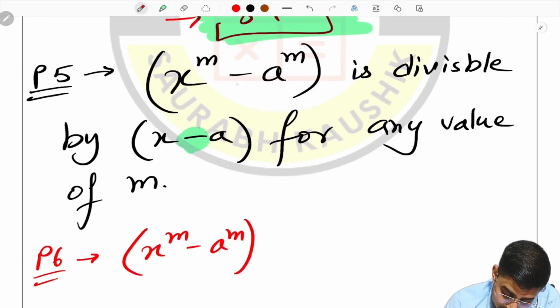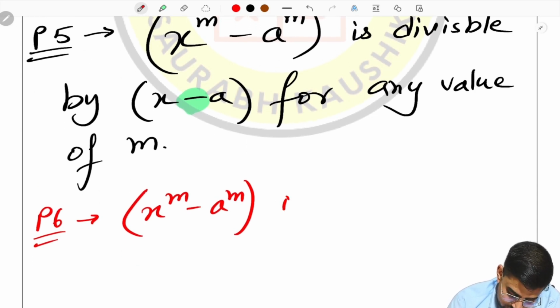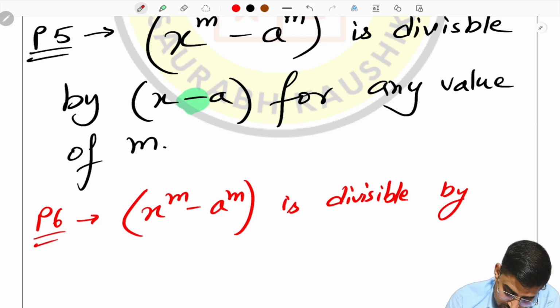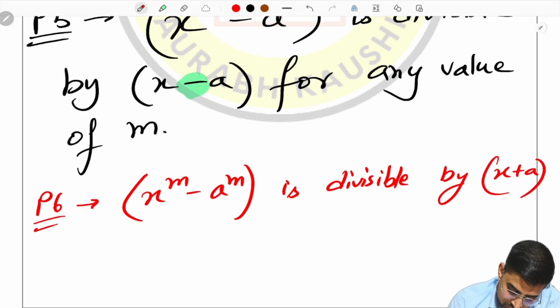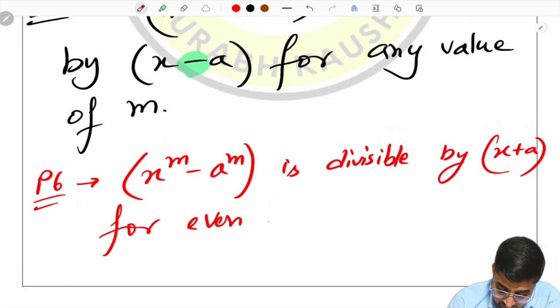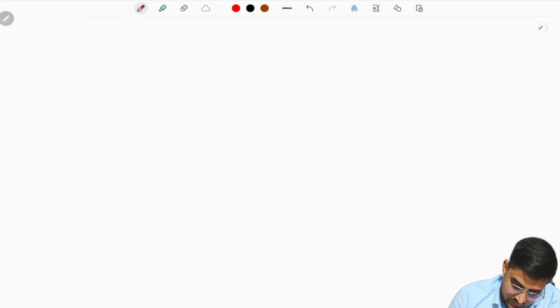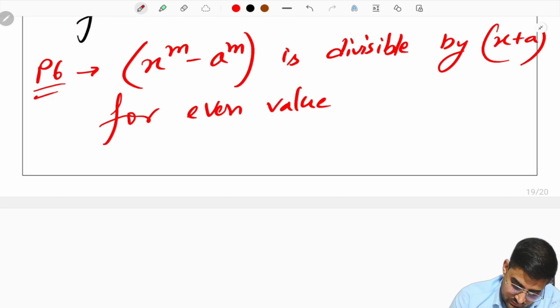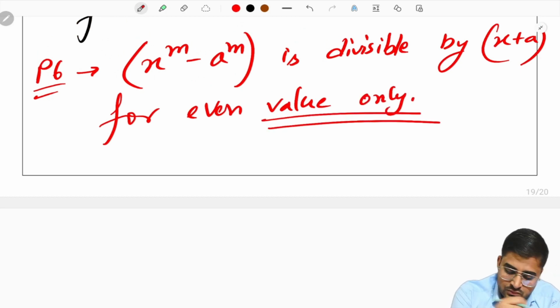What I am writing: x is divisible by... here we take minus, we are going to take plus here, for even value only. Now why am I saying so?